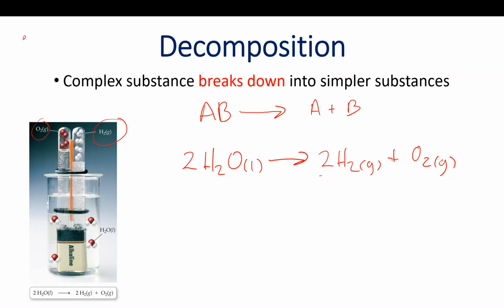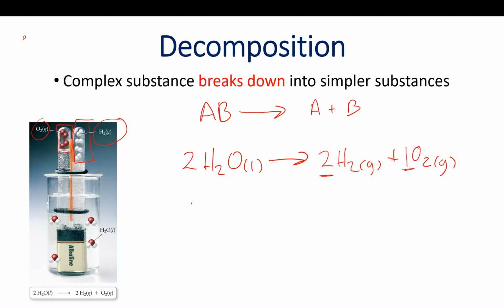We haven't talked about stoichiometry. We'll see this later, but we'll see that there's twice as much hydrogen as there is oxygen, which is shown in the balanced chemical equation with the coefficient of 2 versus water, which would just have 1. And we see that with the volume of the gases in this picture here.